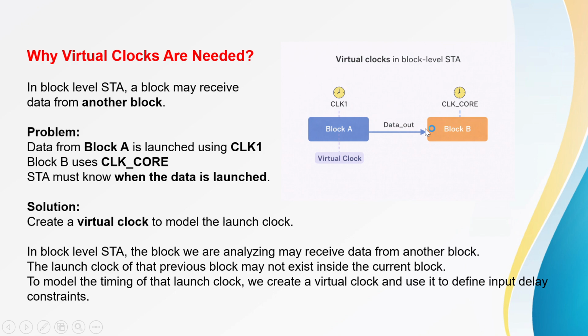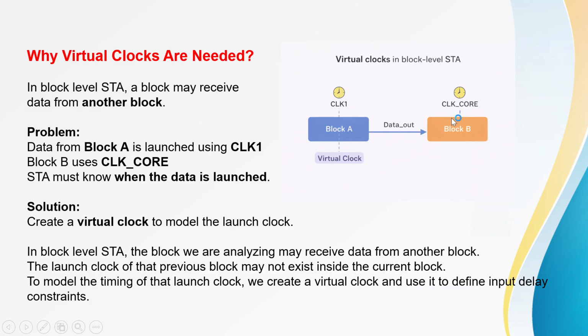In this example, block A launches data using clock1 and the data goes to block B. But block B internally works with a different clock called clock core.